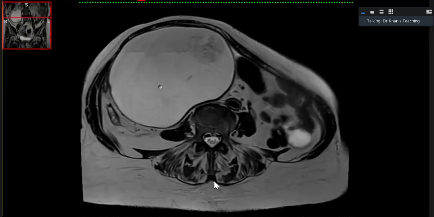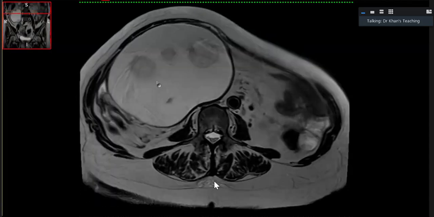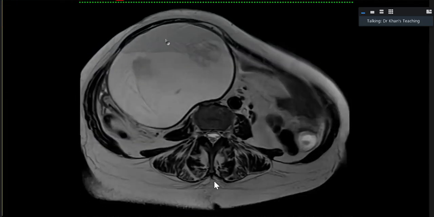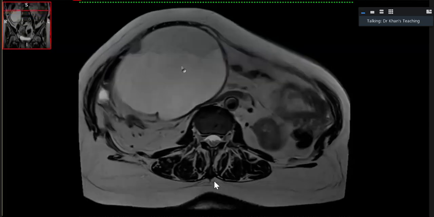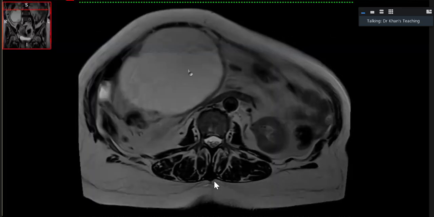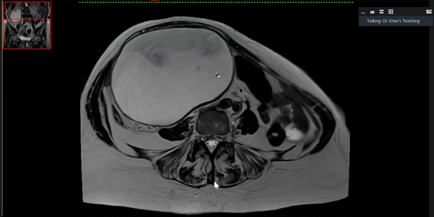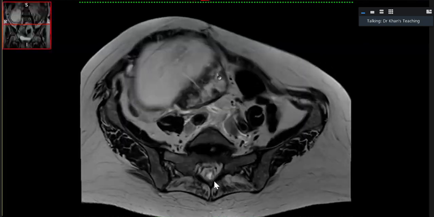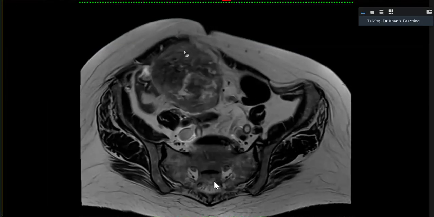Now, if you see here, this is a T2 weighted sequence. On this T2 weighted sequence, we can see this high signal. We can see fluid level, high signal here. Of course, on this T2, we are not sure whether this is fat or just fluid. And then we have got this component here. This component is ugly looking.